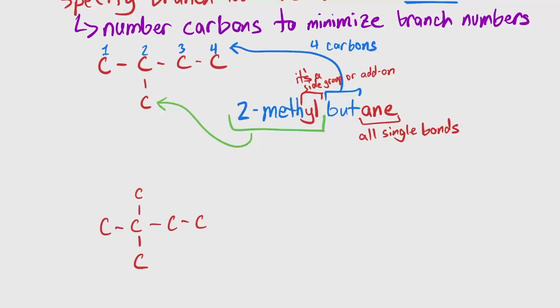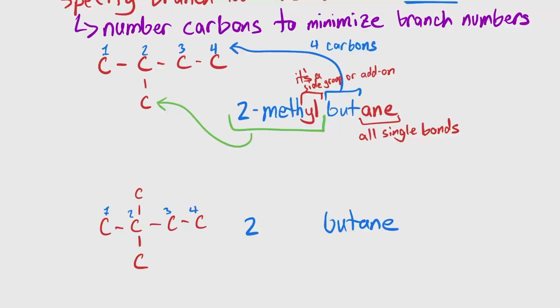So if we've got 2 groups, 2 carbons, our carbon chain is still 4 carbons, so it's still going to be butane for the base. But now we've got 2 groups. Where's one of our groups located? On top. What carbon is it located on? It's on the 2. Where's our other carbon group located?